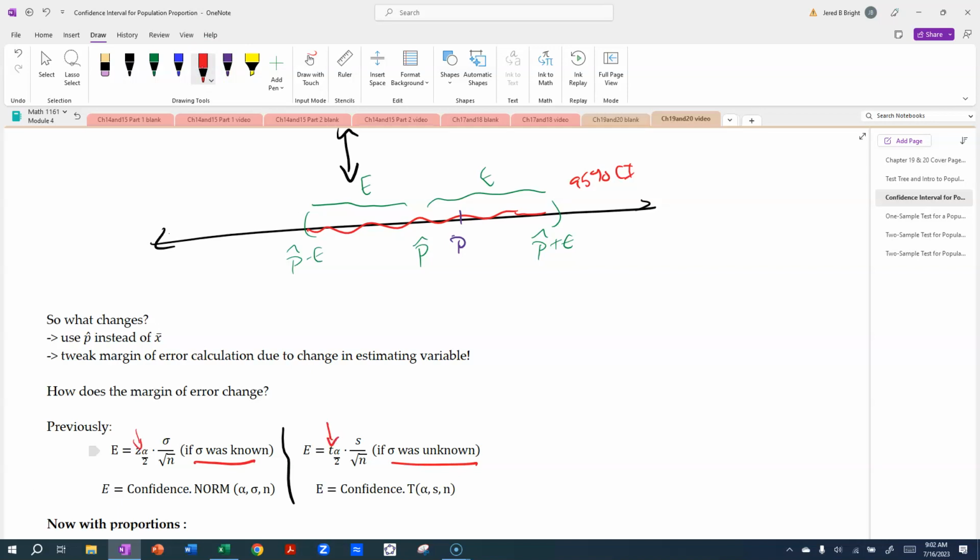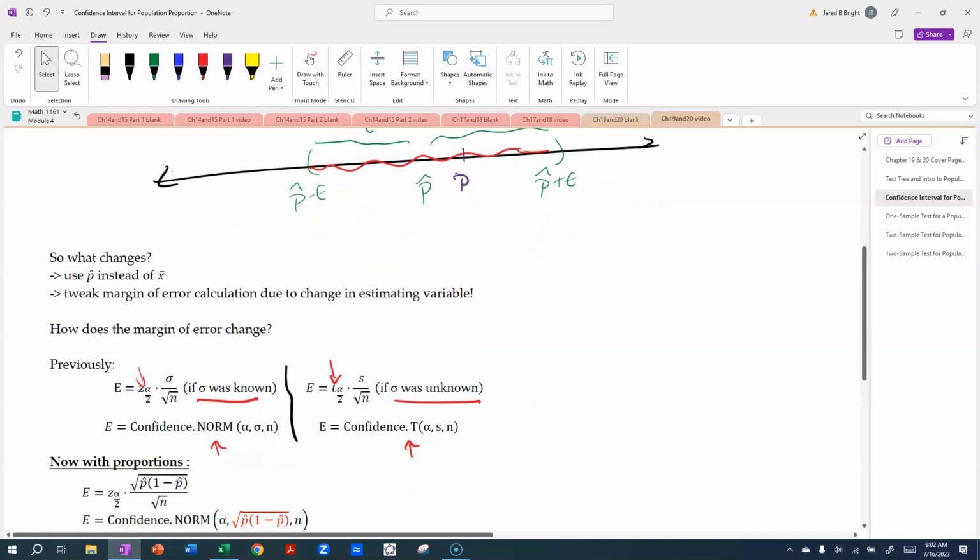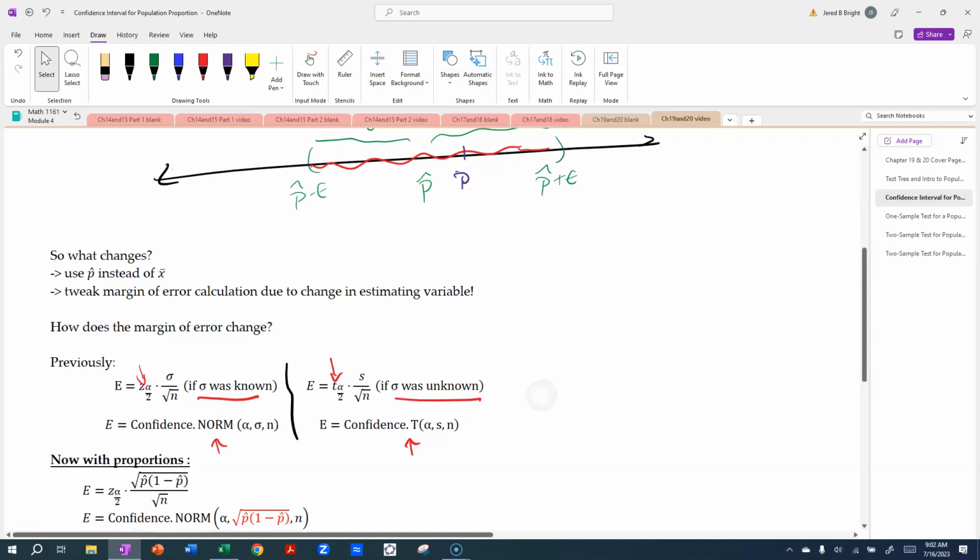Z changed to a T. When we used Excel, we changed it from CONFIDENCE.NORM to CONFIDENCE.T or vice versa, depending on the conditions. We know that it changed because our standard deviation changed, and it happens that with population proportions, our standard deviation changes again.